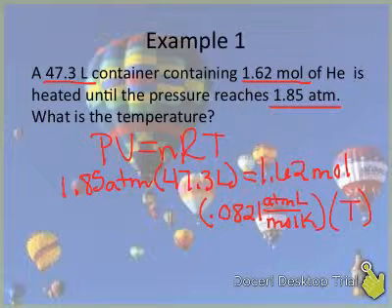Then we have to do some algebra, which is why I wanted you to get out a calculator. Sometimes we don't practice putting these in the calculator, so I want you to actually take a second, put this in your calculator, and let me know what you get.